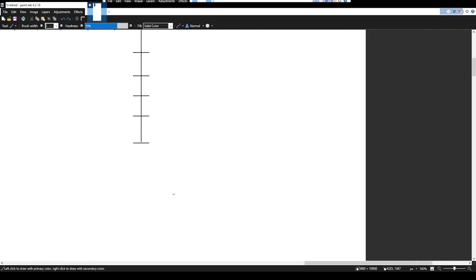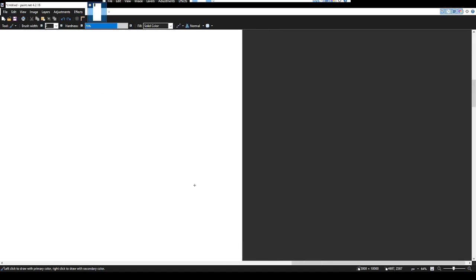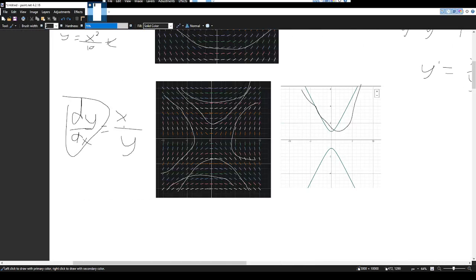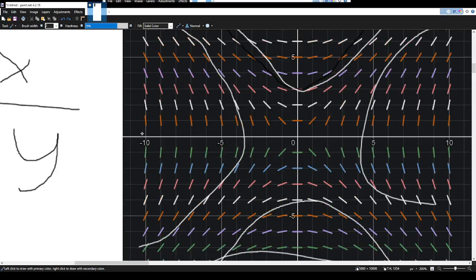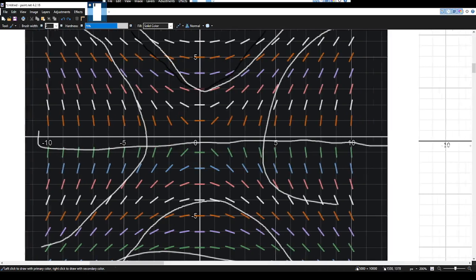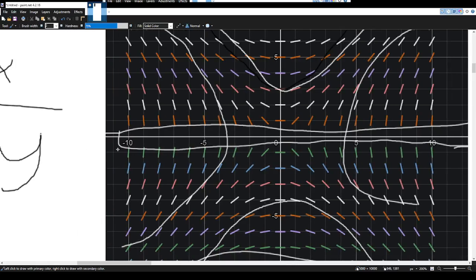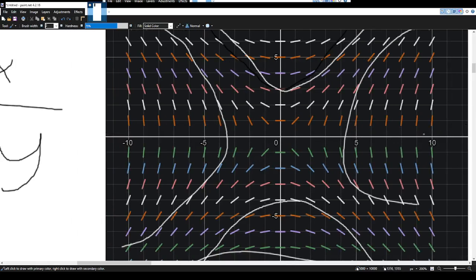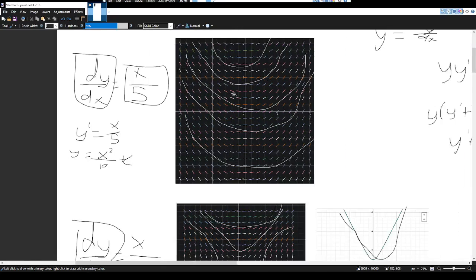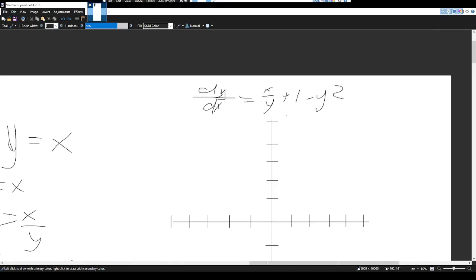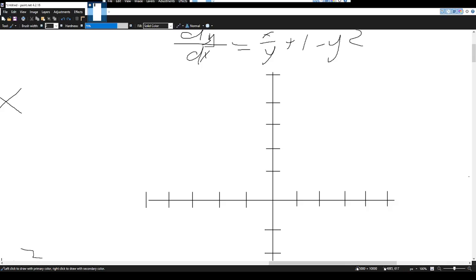For example, for this one, if y is 0, like it is along this whole axis right here, you can see they didn't put any lines because it's undefined. And that's okay. That'll happen sometimes. So same thing here. Since we have a y in the denominator, the whole x-axis is going to be undefined. But that's not a problem.